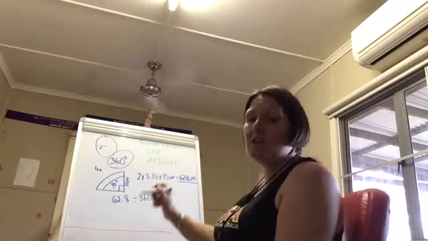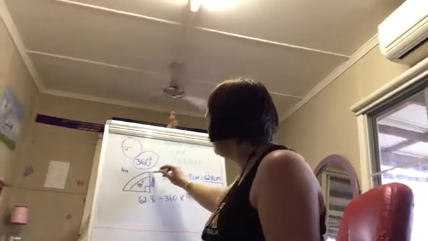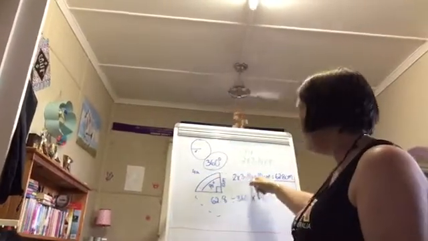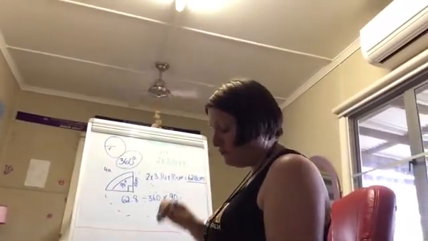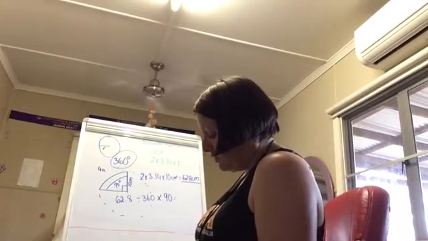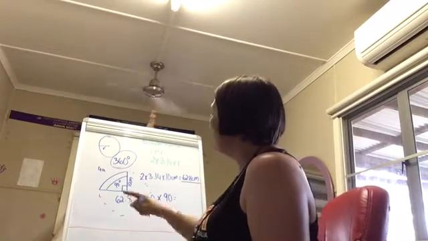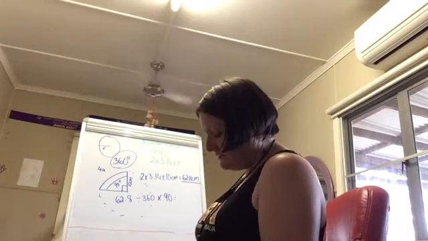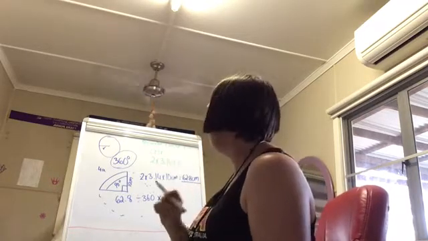I found the perimeter as if I was doing the whole entire circle. I applied my 2 pi r formula and I got 62.8. Now, I'm going to divide that 62.8 to find out exactly how far each degree is worth.